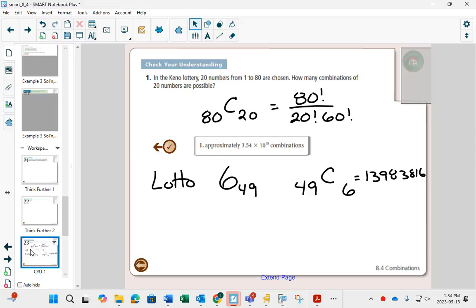And in fact, I think in England they changed it. They also had Lotto 649, but they changed it to Lotto 659. So now your chances of winning are even worse. However, if you even got 2 numbers right, you won a free ticket to the next one.